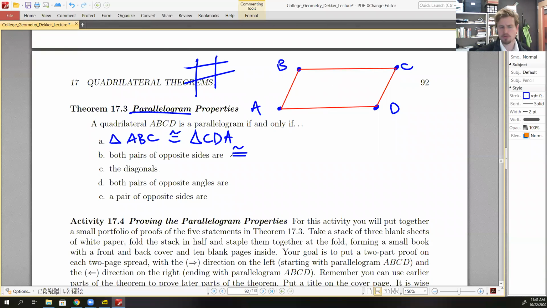So again, when you're writing a proof, if you want to say that both pairs of opposite sides are congruent, you'd have to say that by theorem 17.3, not by the definition. All right, so the diagonals, that is from A to C and from B to D, the diagonals bisect each other.